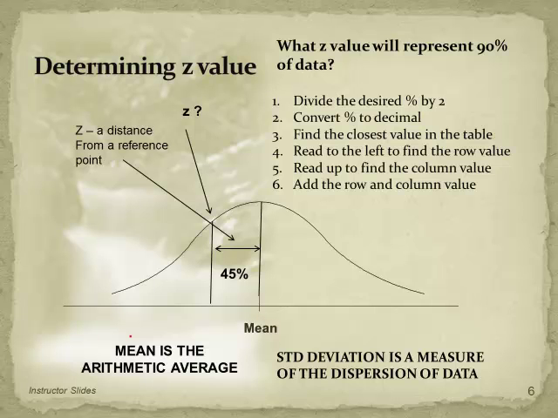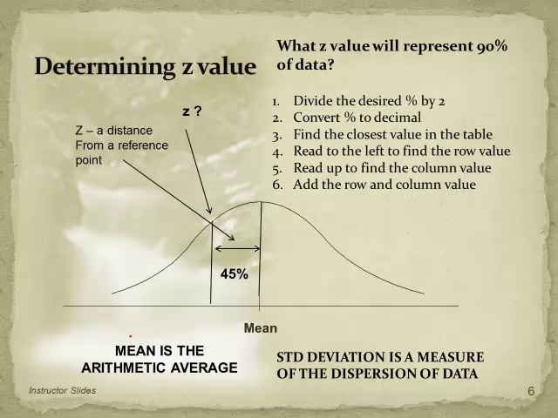The second step is to take that percentage and convert it to a decimal. So 45% as a decimal would be 0.450. That's fairly straightforward.